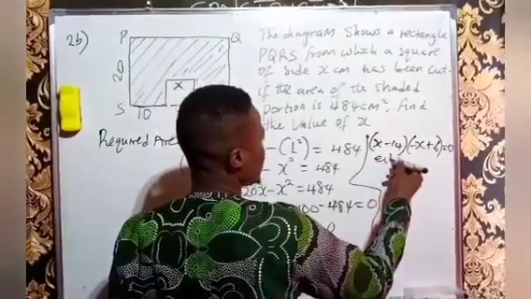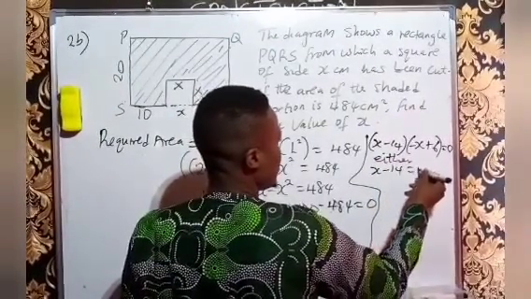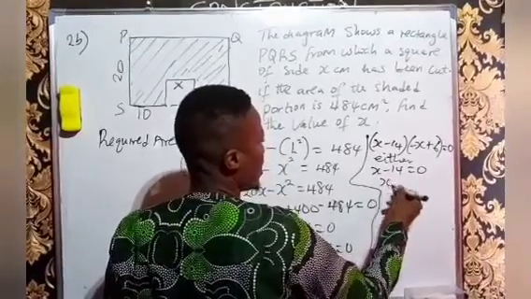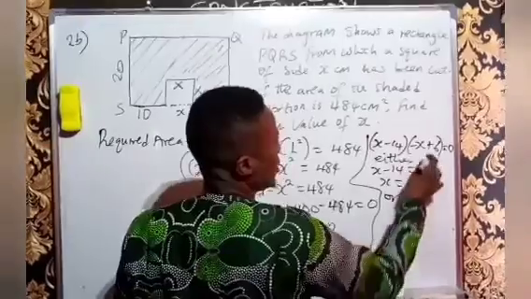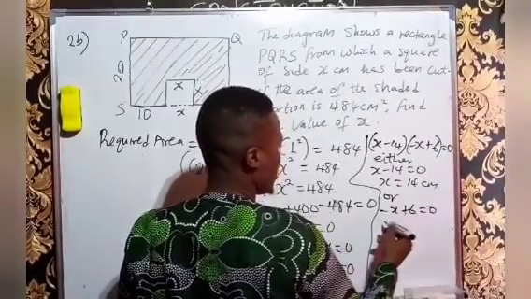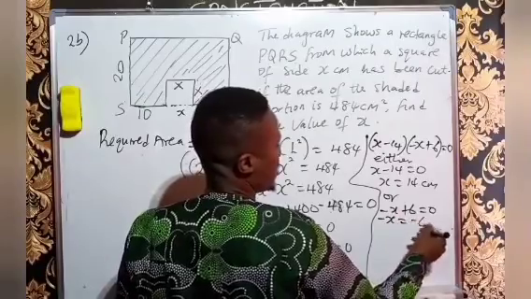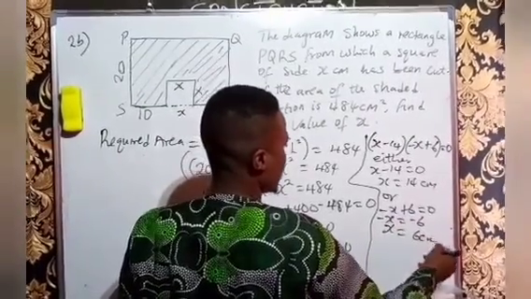So either x minus 14 is 0. Solving for x, we shall have x as 14 centimeter, or minus x plus 6 is 0. Minus x is minus 6, cancelling the minus, so x is also 6 centimeter.